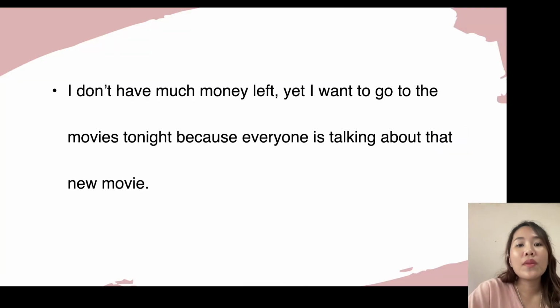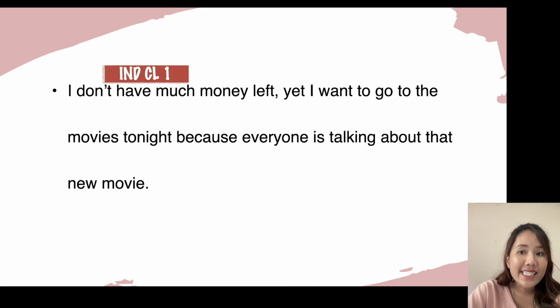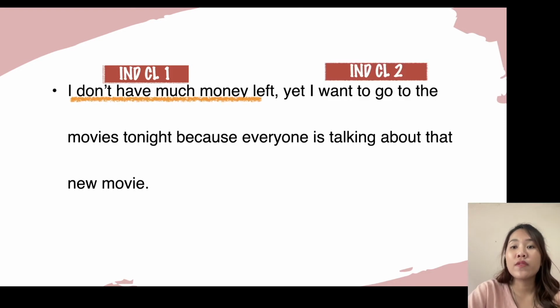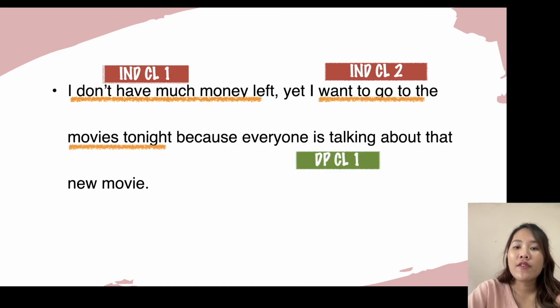Here's the example. I don't have much money left, yet I want to go to the movies tonight because everyone is talking about the new movie. So "I don't have much money left" is the first independent clause, "yet I want to go to the movies tonight" is the second independent clause, and "because everyone is talking about that new movie" is the first dependent clause.